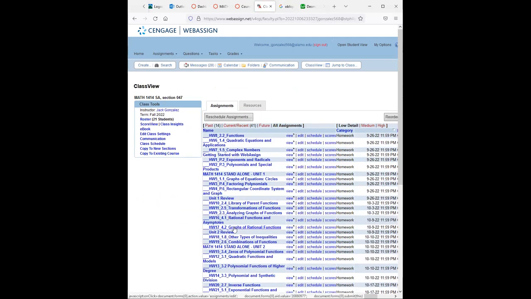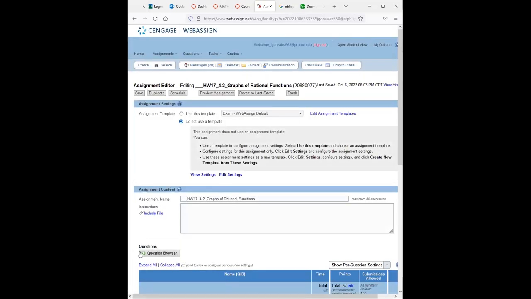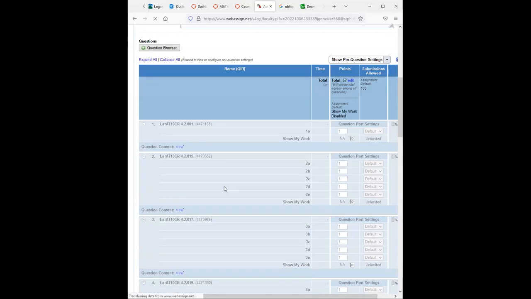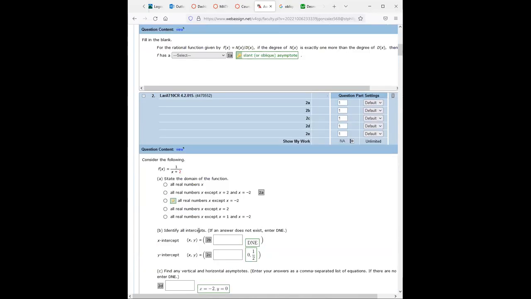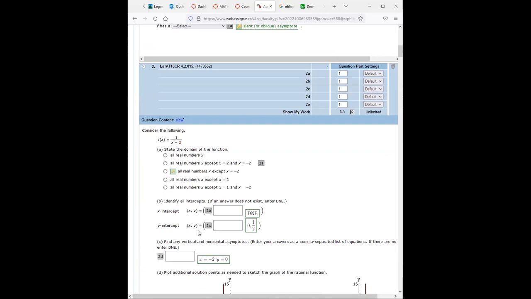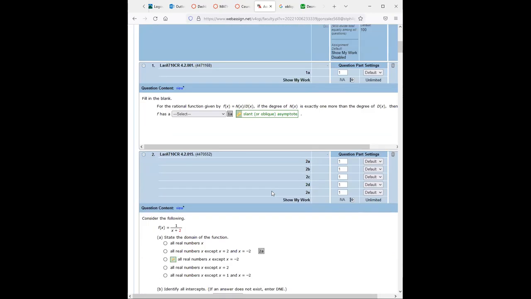All right, 4.2. Here they want us to, it's called graphs of rational expressions.